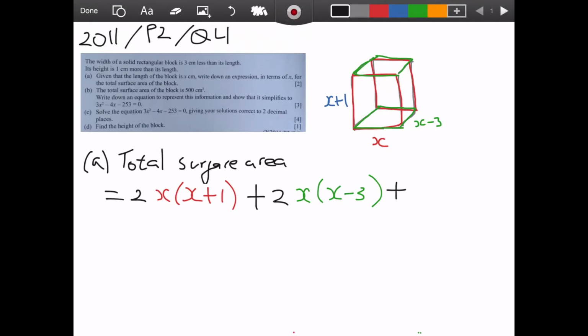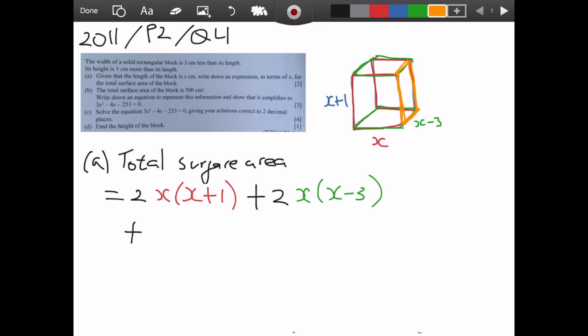And let's add, just do it here below, and then from this side, this is x plus 1 multiplied by x minus 3, right?